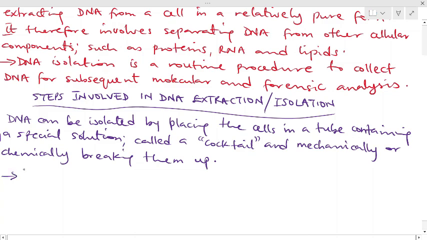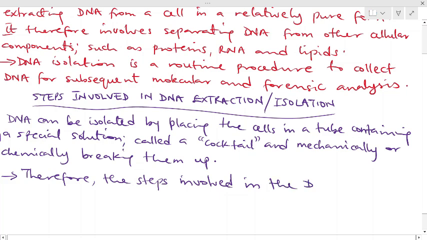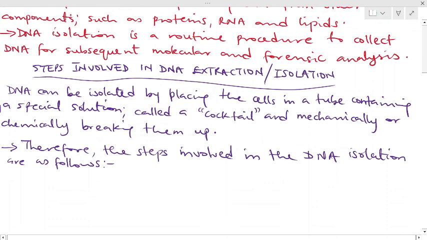Therefore, the steps involved in the DNA isolation are as follows. The first step, number one, is breaking the cells open.